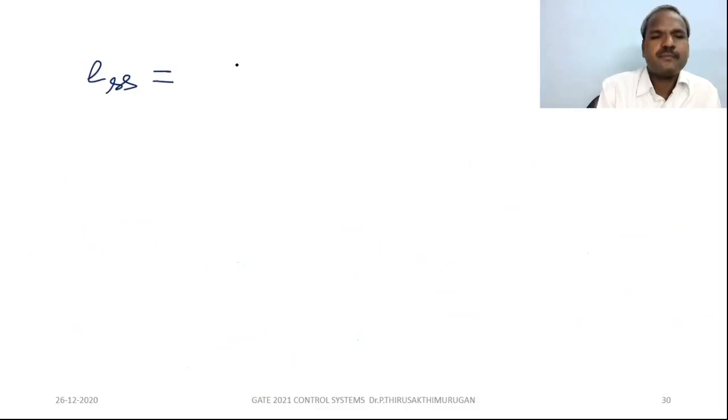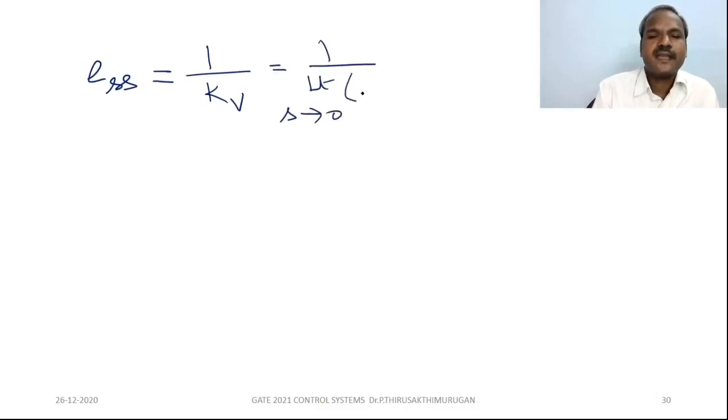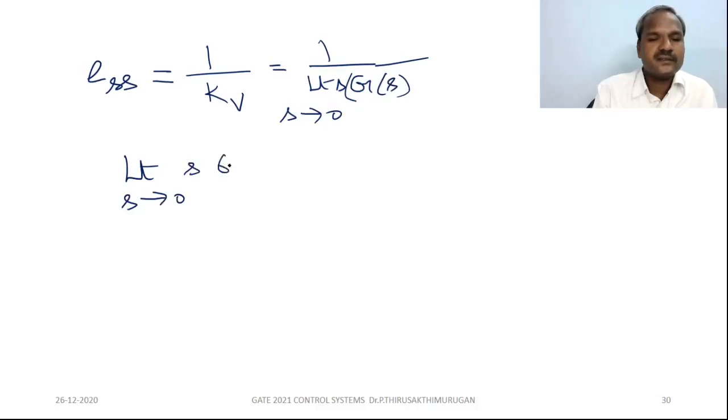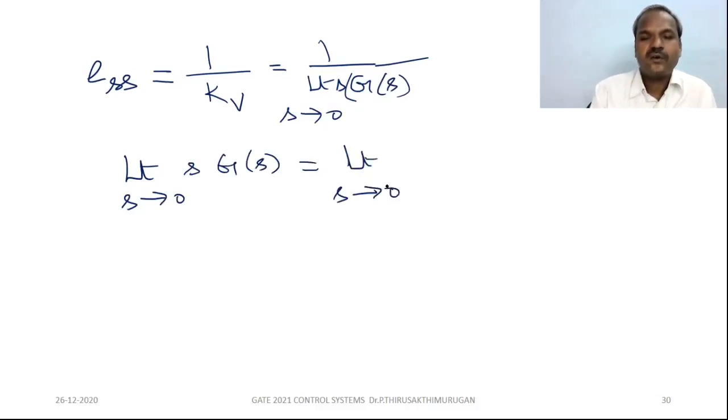Steady state error for ramp input is 1 by Kv, where Kv is limit S tends to 0 of S into G of S. So limit S tends to 0 of S into G of S equals limit S tends to 0 of S into 10 divided by S into S plus 10.